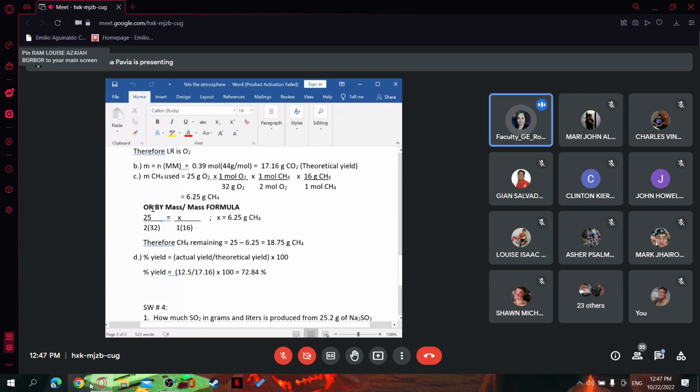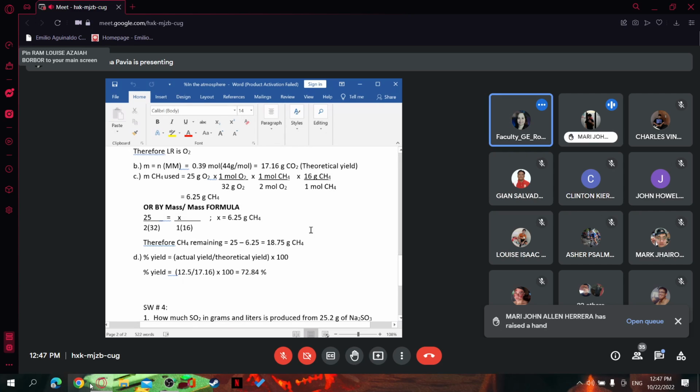You can also make use of the mass formula again. So 25 sa oxygen over coefficient of oxygen times the atomic mass of oxygen is to X, okay? Is to X over coefficient of methane gas times the molecular mass of methane gas.